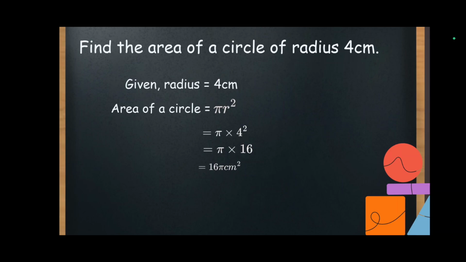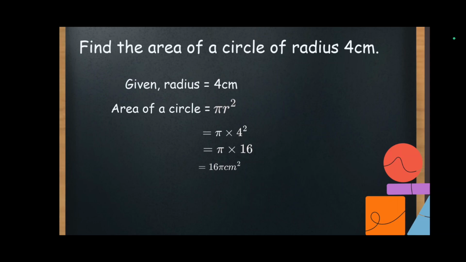Now, let's try a simple question to apply what we learned. The question is, find the area of a circle of radius 4 cm. Here, the radius r is given as 4 cm. We know the formula for the area of a circle.